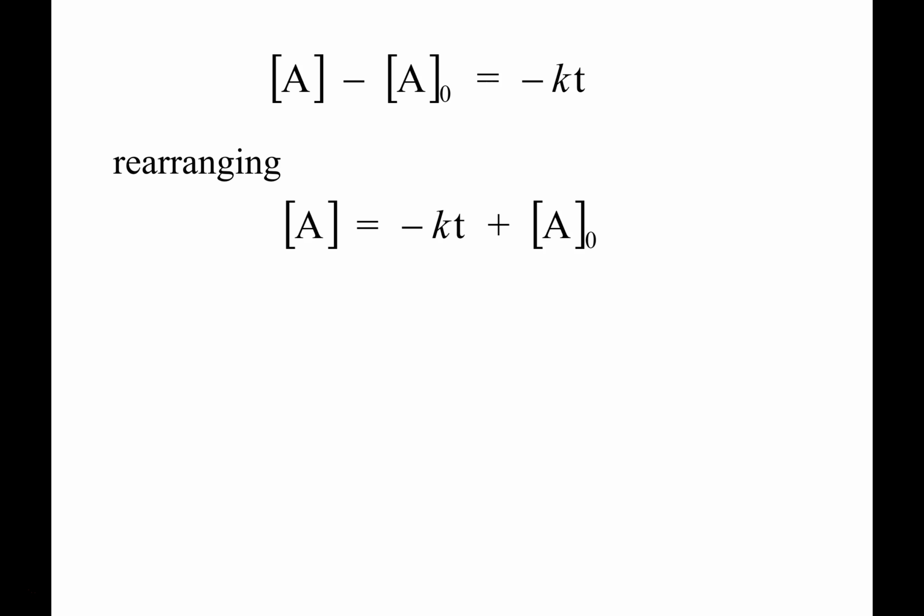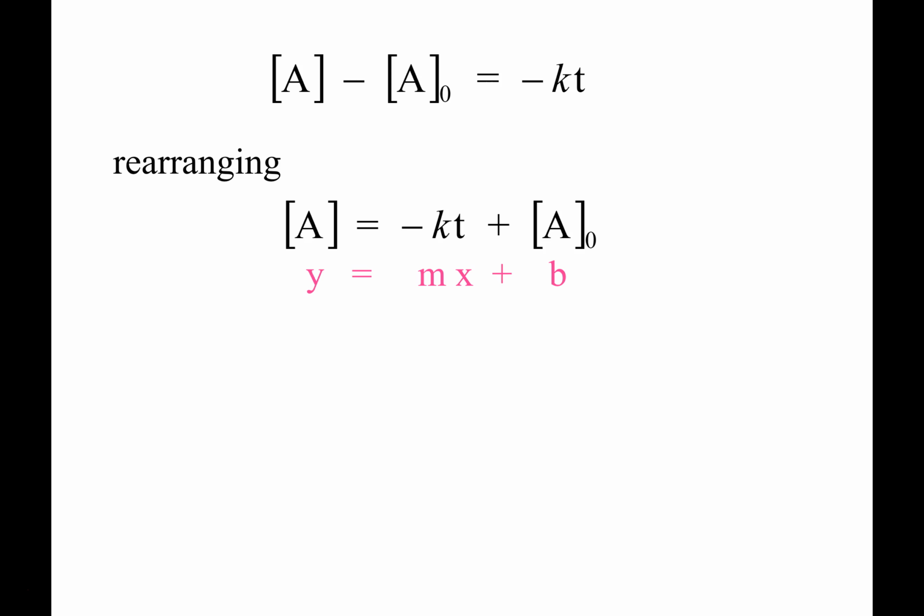Now, I told you, maybe I didn't tell you, but we're going to have plots for each one of these. So what can we plot? Well, if along the y-axis we plot just the molar concentration of A, and along the x-axis we plot time, you should get a straight line, and the straight line will have a negative slope, and the slope will be equal to negative k.